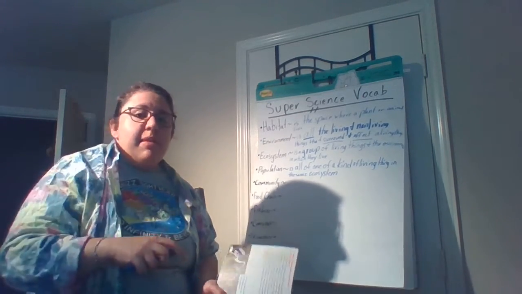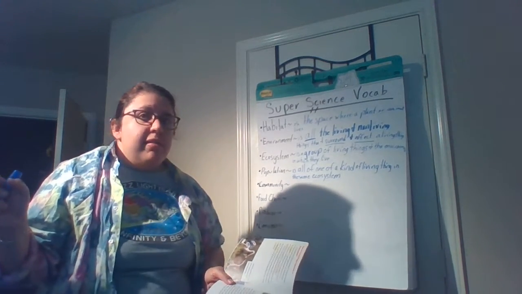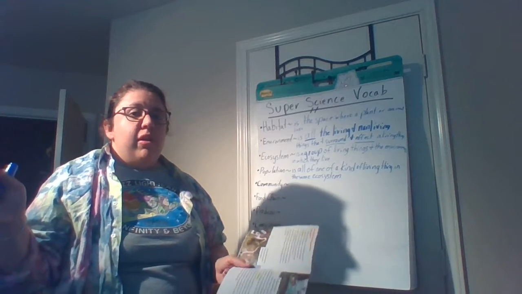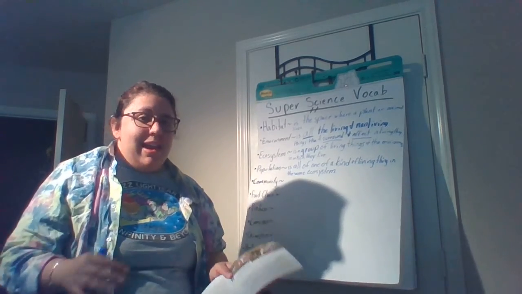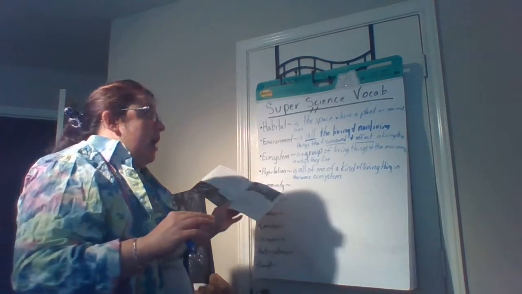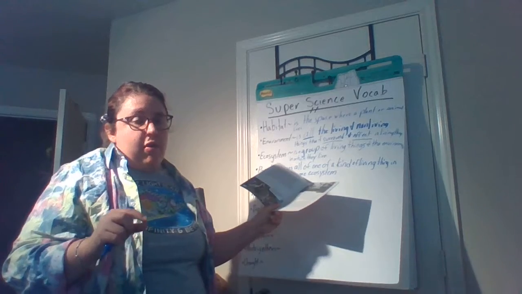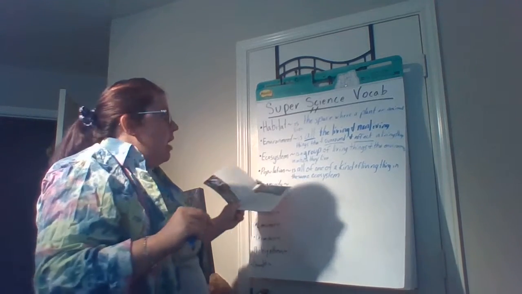Like for example, the blue heron. There might be blue herons in other parts of the world, but if you're just looking at one ecosystem, you're only including those blue herons in that one location, or in that one ecosystem.